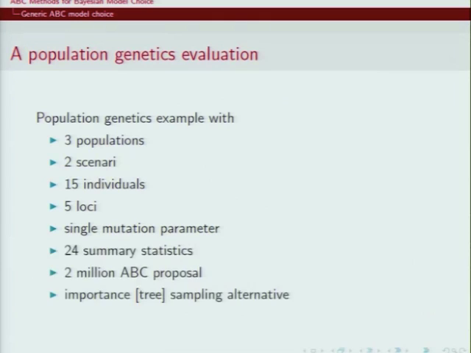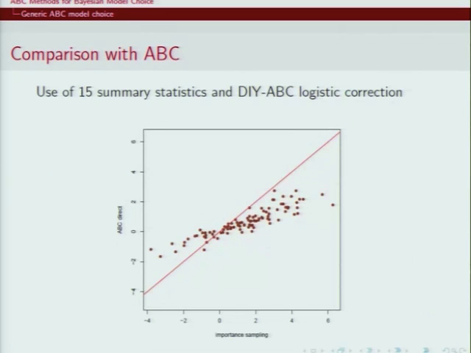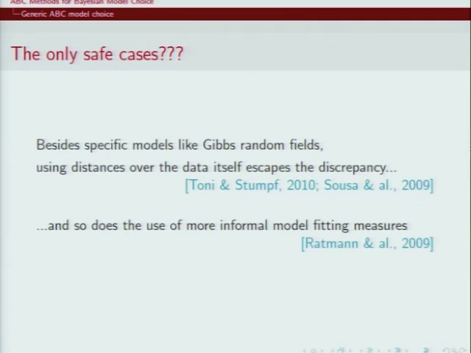Actually, I'll skip that example. And just to introduce the next step, at some point last year, we had reached this level where we are not confident about using ABC for computing Bayes factors with summary statistics.